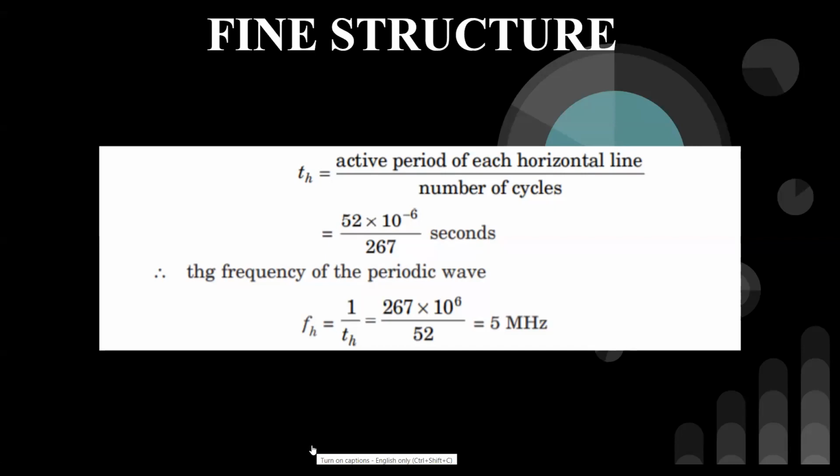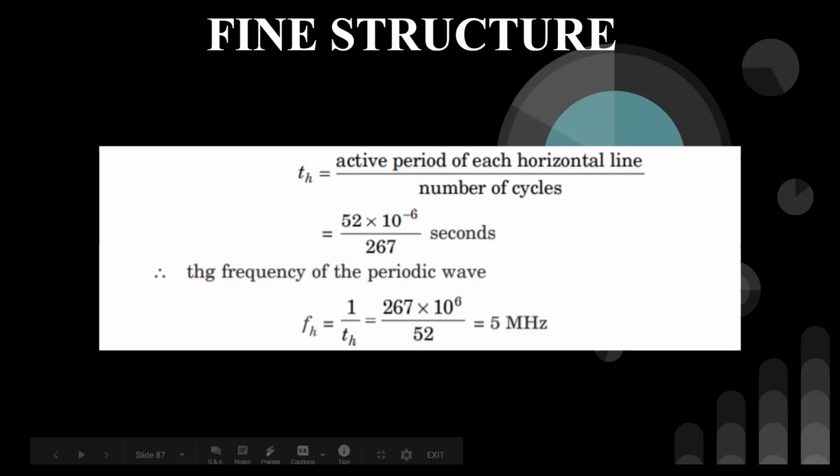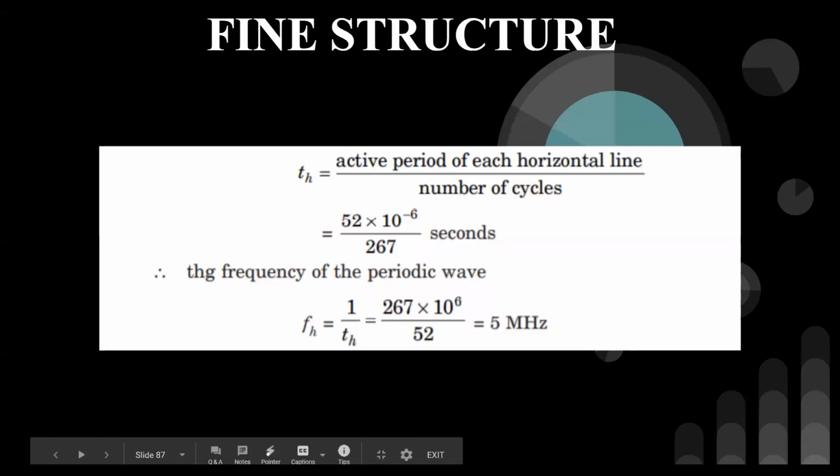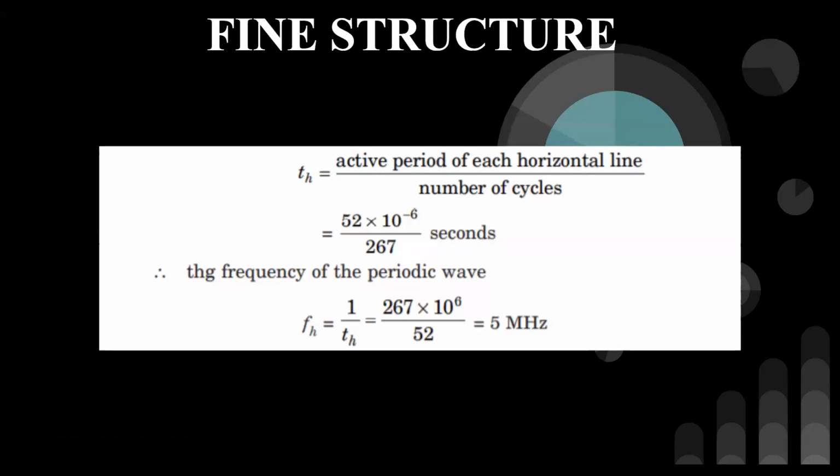So this is the time period th, that is equal to the active period of each horizontal line divided by the number of cycles.